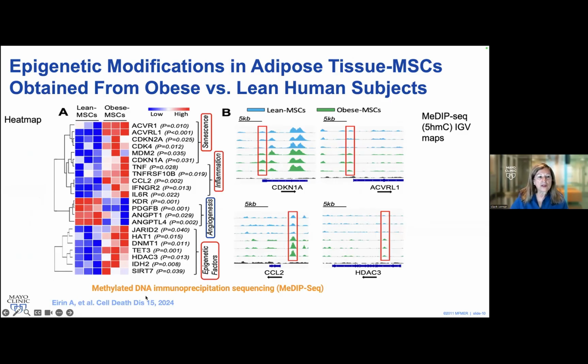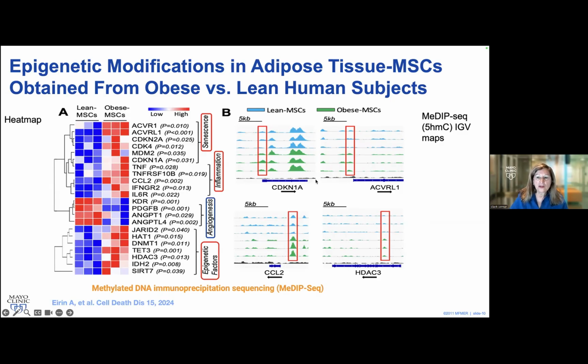On the left, you can see a heat map that shows average 5-hmC levels in human lean and obese MSCs, in 3 samples each. You can see in red that obesity induces activation of genes that are associated with cellular senescence, inflammation, and epigenetic factors. And on the other hand, it downregulates the activity of genes that are associated with angiogenesis, as you can see here in blue.